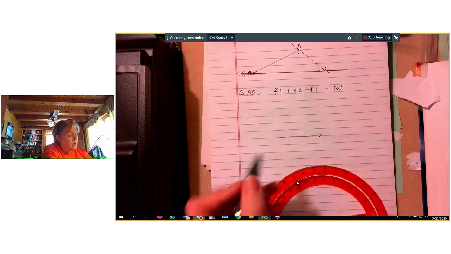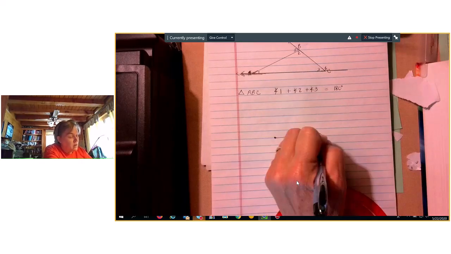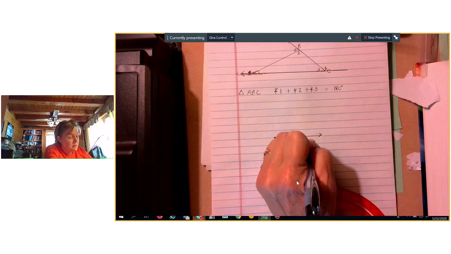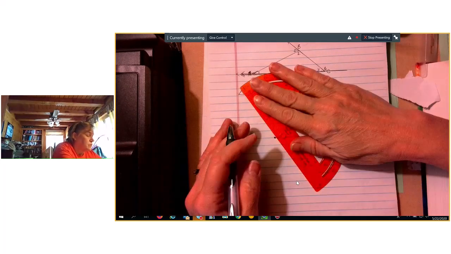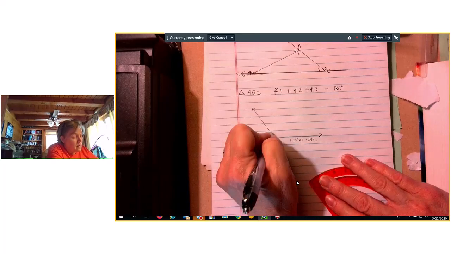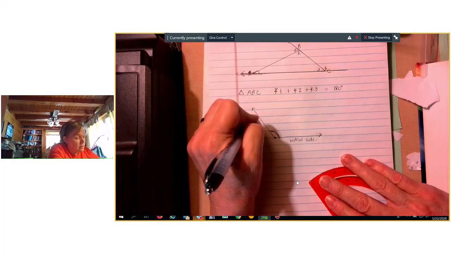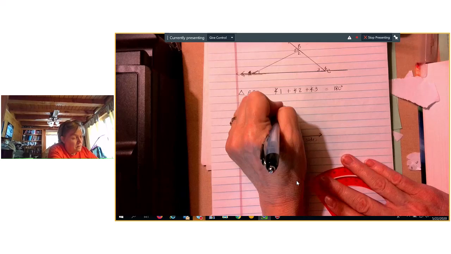But generally, we are always told that if the angle is going this direction, this is always called our initial side. And this is the way I want you to read the angle. And this is called the terminating side.